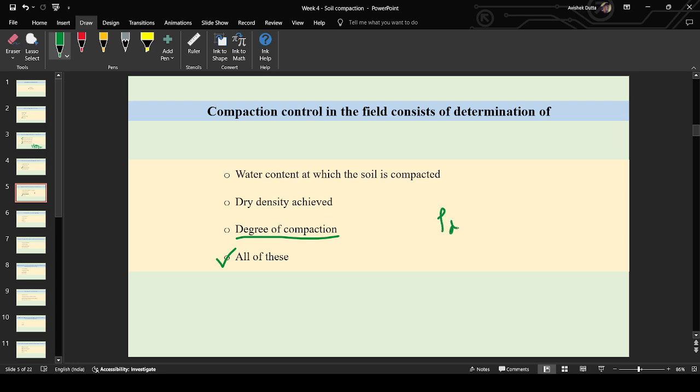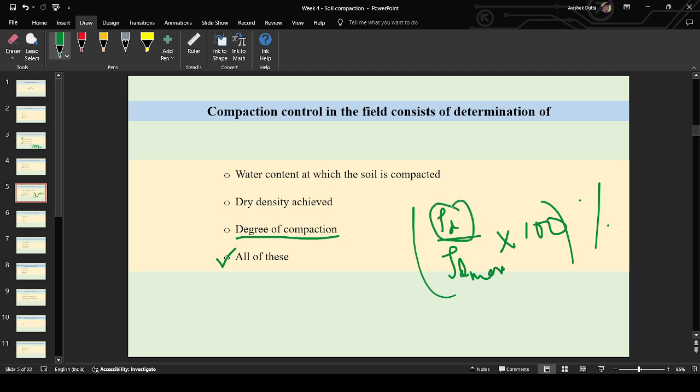Rho d achieved divided by rho d max, into 100%. So unless we find rho d achieved, how can we find the degree of compaction? And along with this, the moisture content, obviously the placement water content. So we have to determine the moisture content, at which you first have to know the placement water content. That's why the option is all of these. Okay. Any doubt?